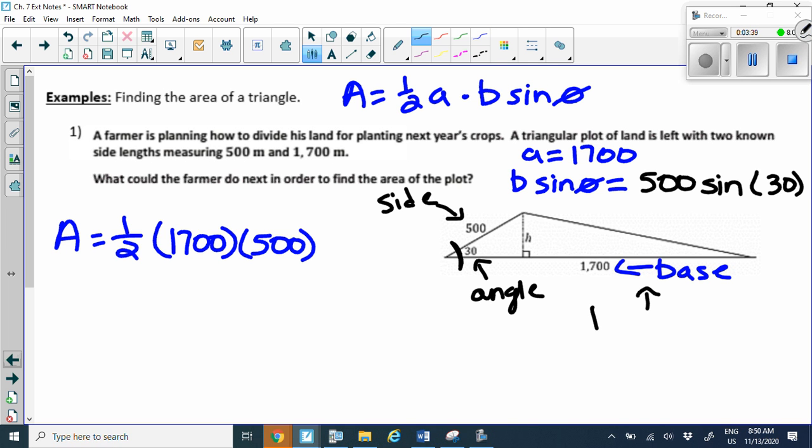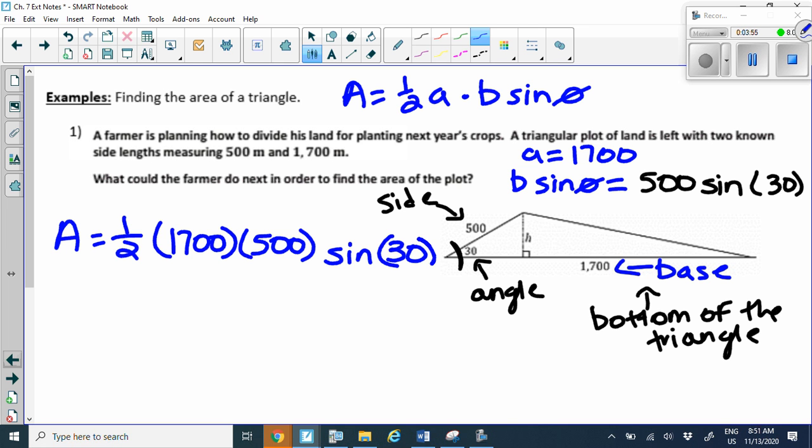So whatever is the bottom of your triangle, that's going to be your base. Then we have sine of 30, and that's going to be in parentheses. Okay, so you do have to use your calculator to do this. We're going to go ahead and put this all together so we can find our answer here.